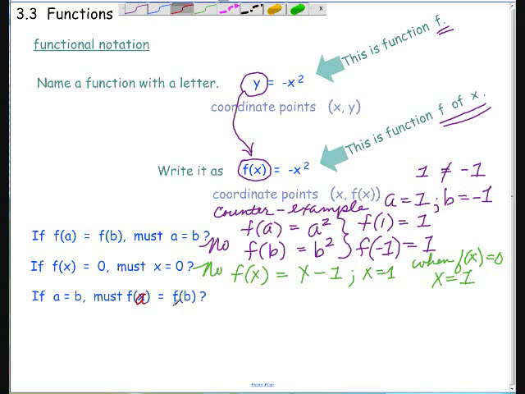Yeah, I can't think of a counterexample where that wouldn't be true. As long as function f is defined as something, it's not going to change as we go from f to f. So this would be a yes.